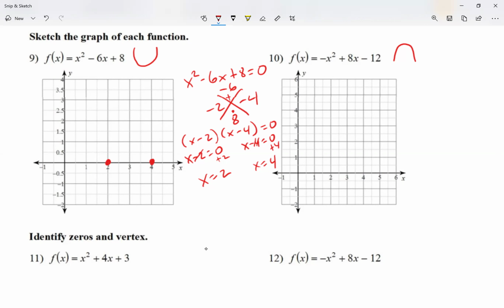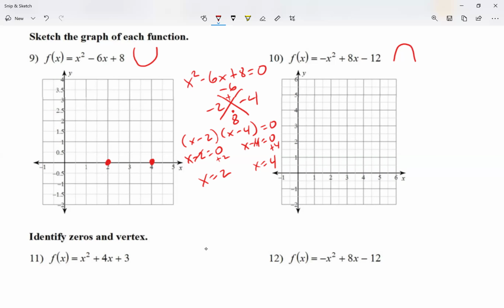It would be nice if I could find my vertex. Now, there are two ways we can do this. One way, I need an x and a y value for my vertex, right? For my x value, I'm going to use my intercepts. My intercepts were 2 and 4. My x value on my vertex is a number right in between.